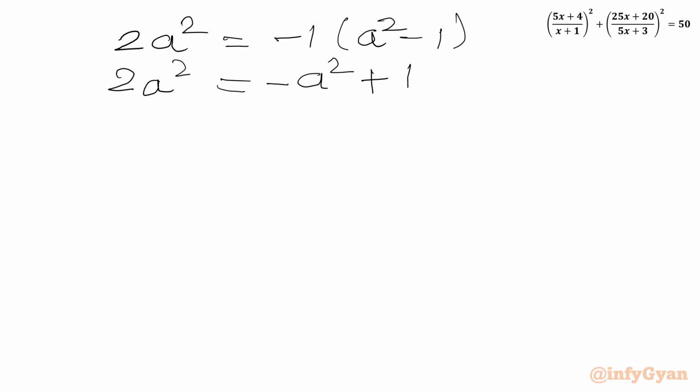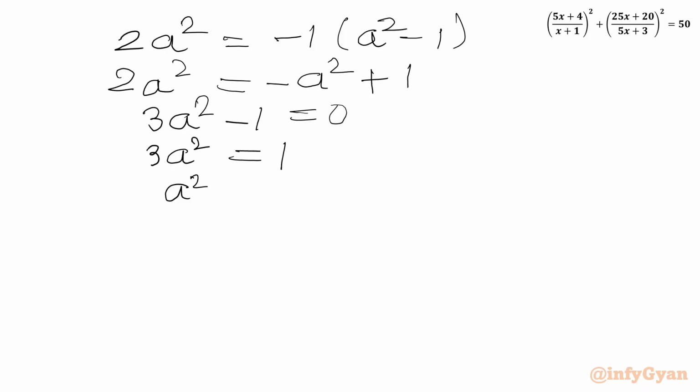Take all the terms to one side. I can write 3a square minus 1 equal to 0, or 3a square is equal to 1. A square will be equal to 1 over 3. Once we take the square root on both sides, we will get plus minus 1 over root 3.